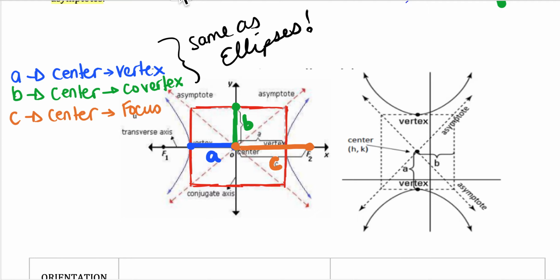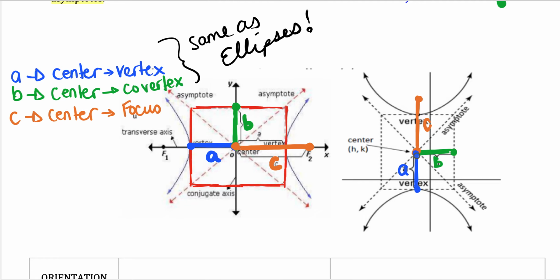Okay, so same thing goes here. From here to the vertex, it's A. From here to a co-vertex, it is B. And from here, the focus would be somewhere here, would be C. And it goes the same direction.